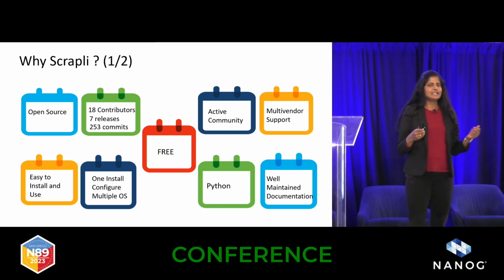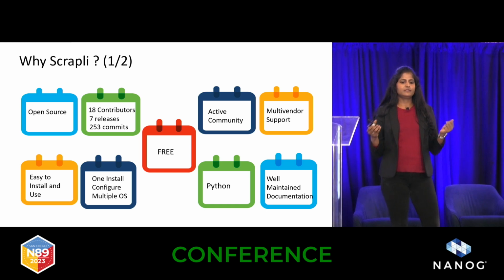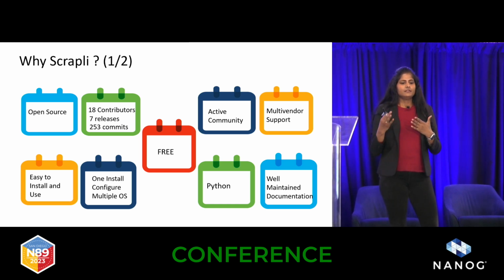And it has an active community with people from different origins who help you out if you have any issues, and since it's open source, you can always customize it based on your own requirements, and it has well-maintained documentation. It's completely written in Python.